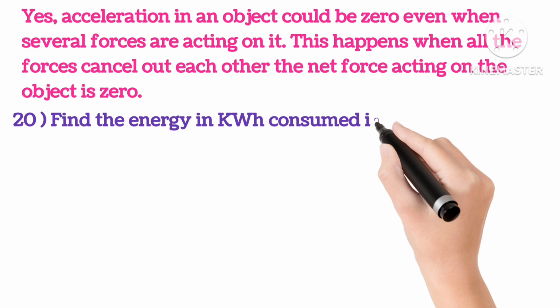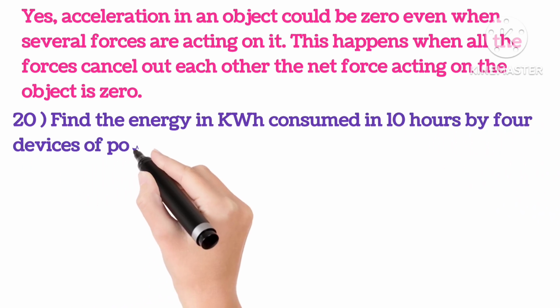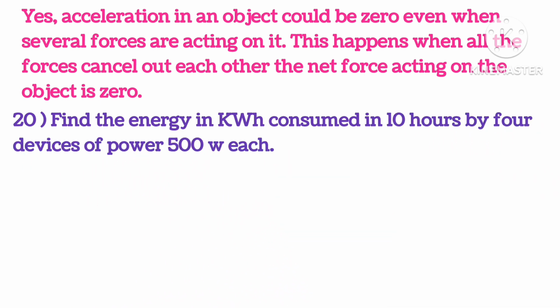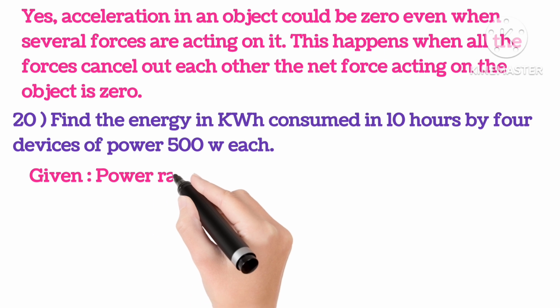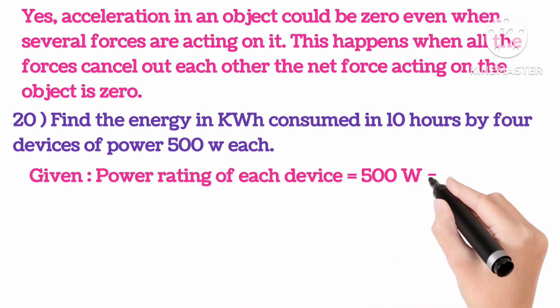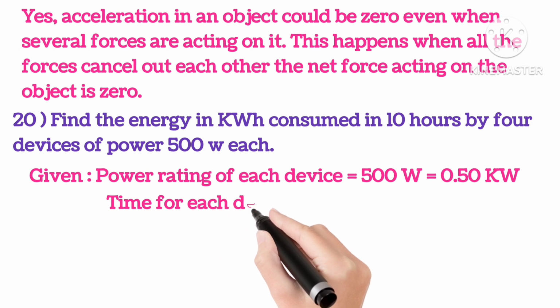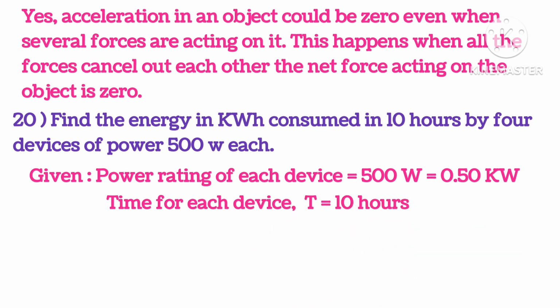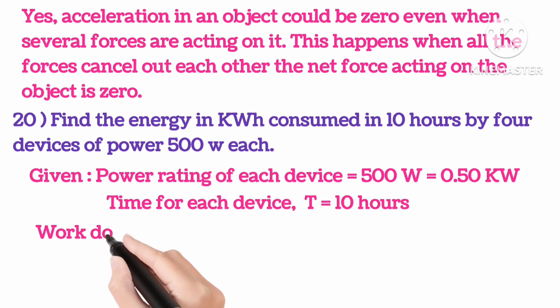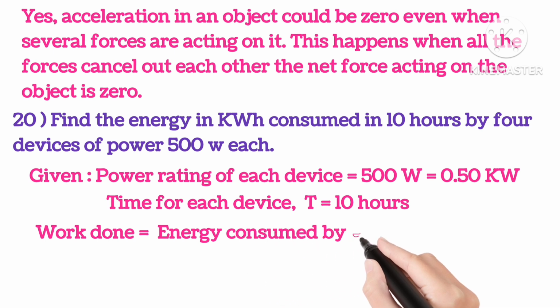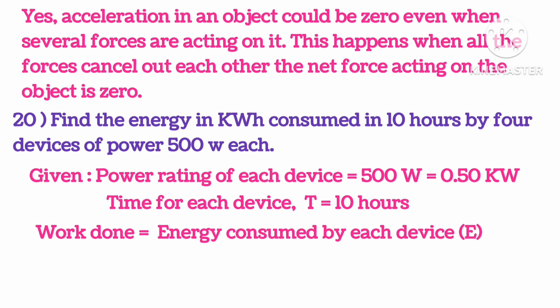20. Find the energy in kilowatt hour consumed in 10 hours by 4 devices of power 500 watts each. Now given power rating of each device is 500 watts, that is 0.5 kilowatts. Time for each device is 10 hours. So work done is equal to energy consumed by each device, that will be power into time.